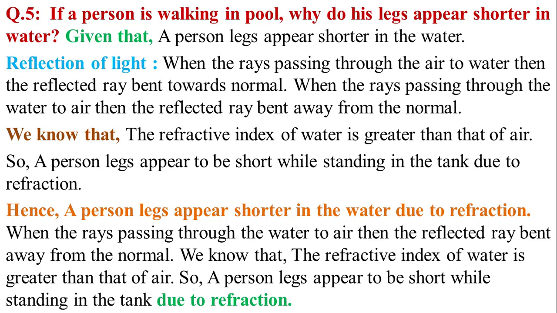When the ray passes from water to air, the refracted ray bends away from the normal, and we know that the refractive index of water is greater than that of air. So a person's legs appear to be short while standing in a tank due to refraction.